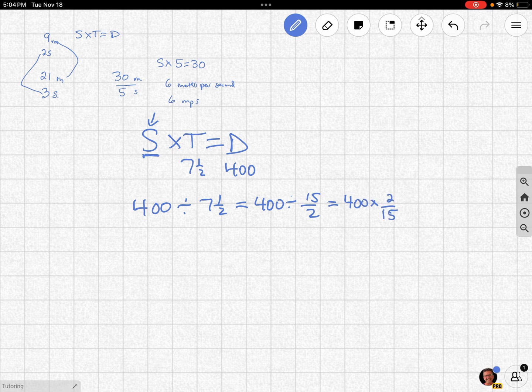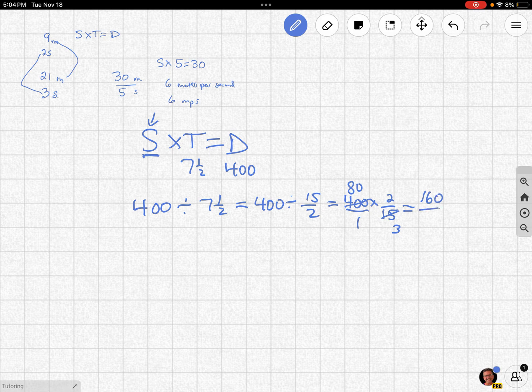2/15. Now I'm going to make this problem simpler before I do all this work. I'm going to divide 400 by 5 because I can divide 15 by 5. 400 divided by 5 is 80. And then this is 3, right? So I don't think I can simplify that anymore. And then 80 times 2 is 160.